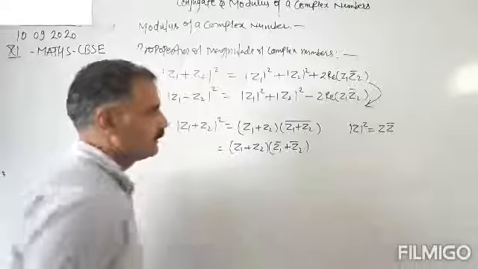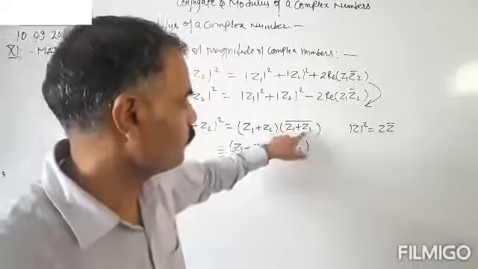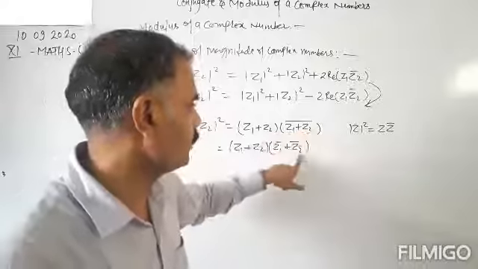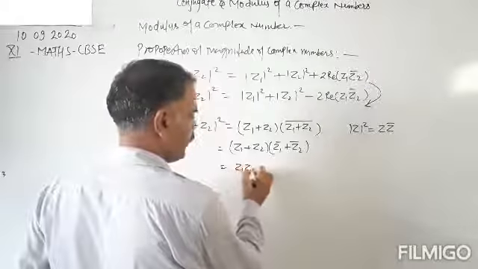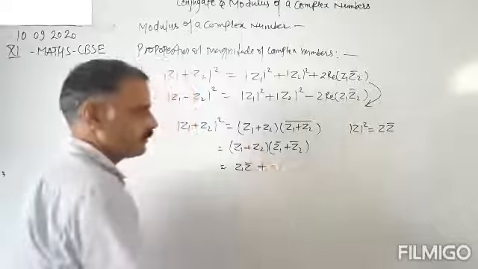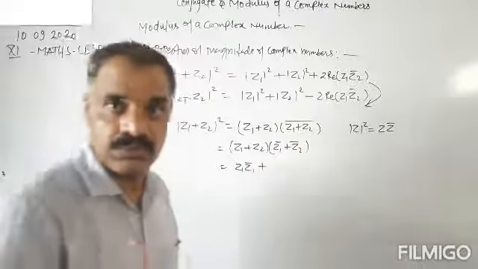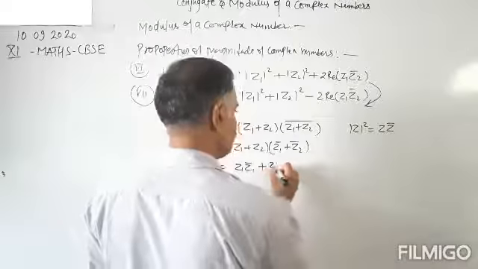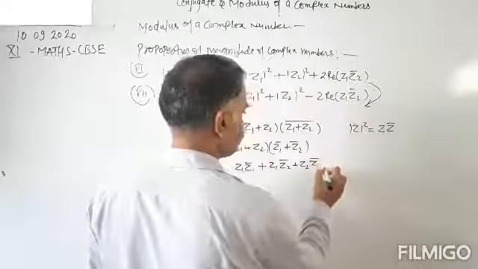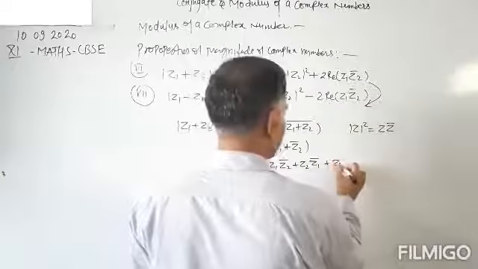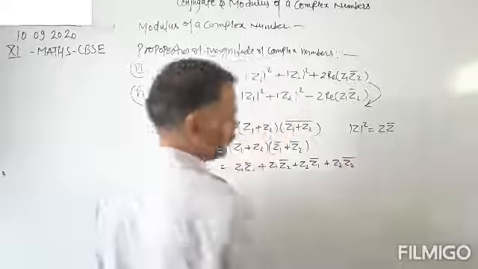We know that the conjugate of the sum of two complex numbers is the sum of their conjugates. So z1 into z1 conjugate plus z1 into z2 conjugate plus z2 into z1 conjugate plus z2 into z2 conjugate.